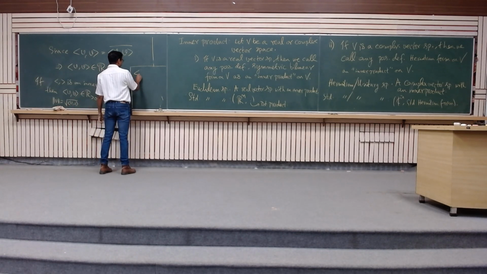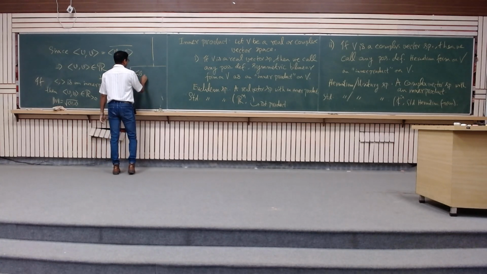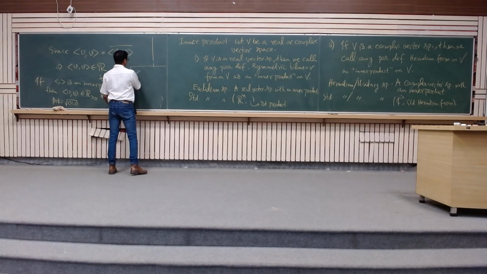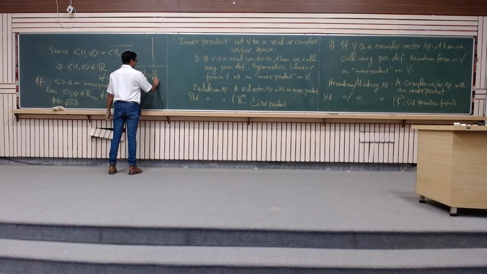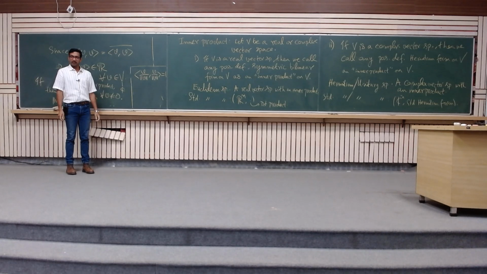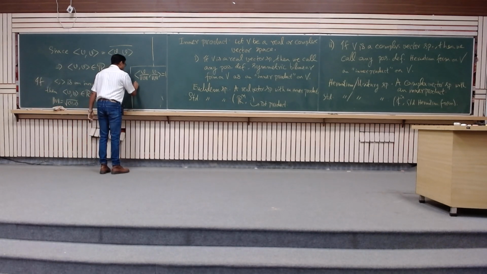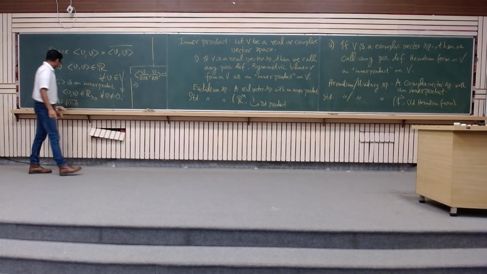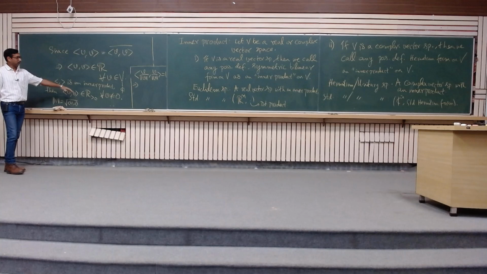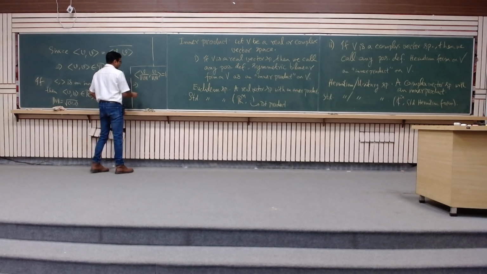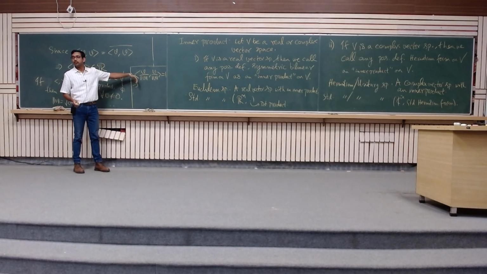So you require that V by norm V should have length 1, right? This is not only for real cases, it's also for complex cases.